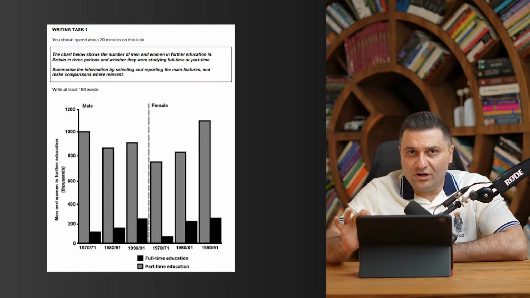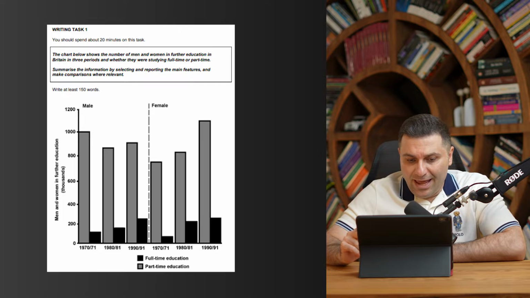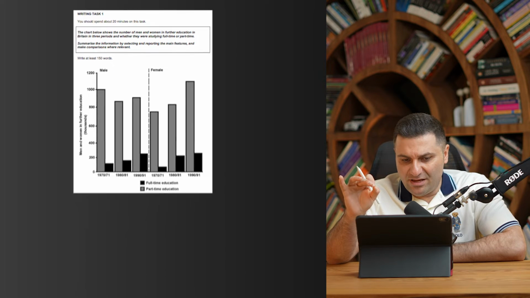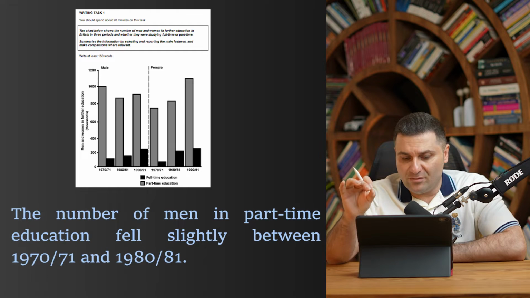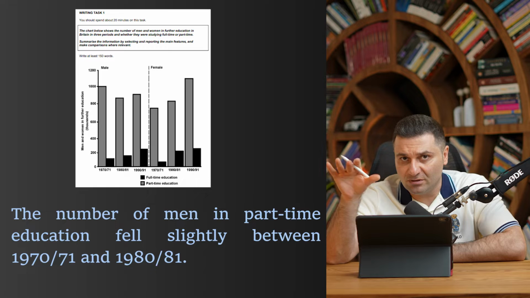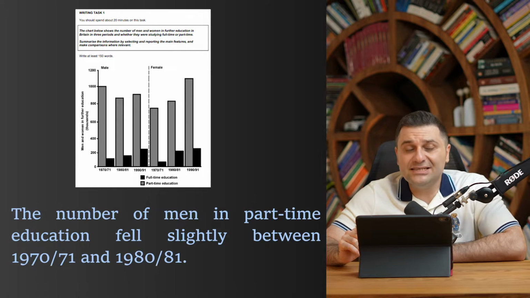So this is a bar chart starting from 1970 up to 1990-91. And let's work on two example sentences. The first one: the number of men in part-time education fell, the past tense of fall, to decrease, slightly between 1970-71 and 1980-81.